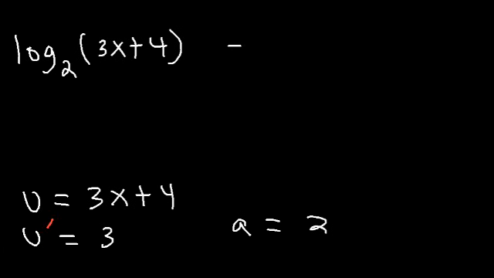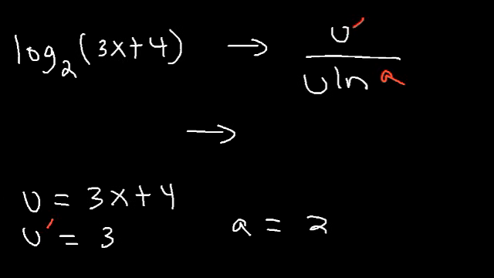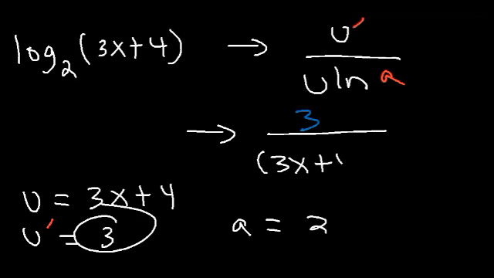So using the formula u prime divided by u ln a, if we plug in everything that we have, we can see that u prime is 3 divided by u, which is 3x plus 4, times ln a, or ln 2, and this is the answer.